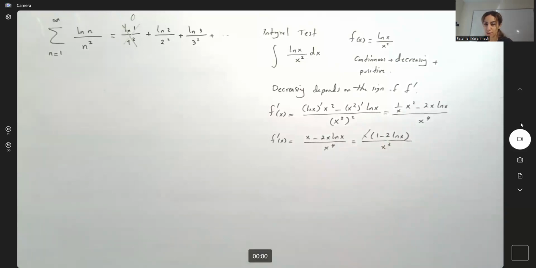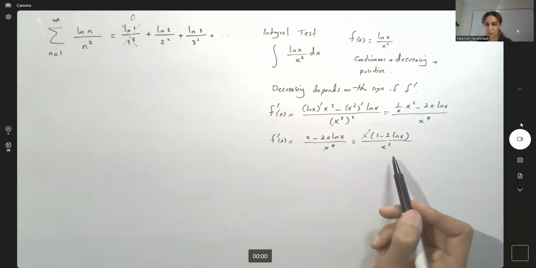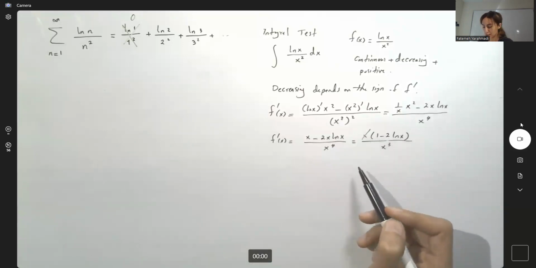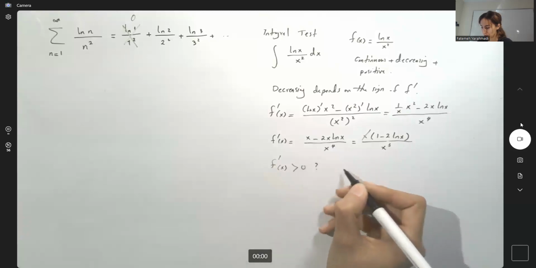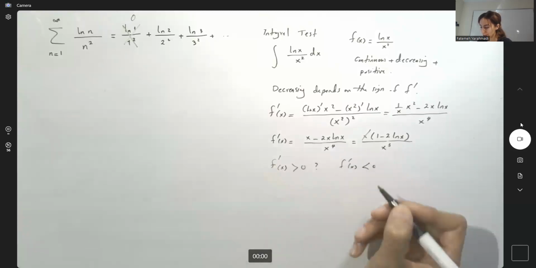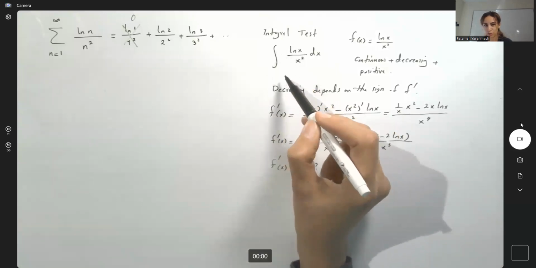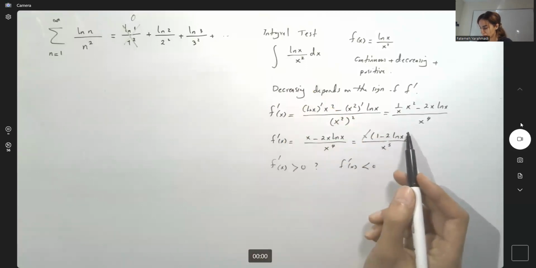And on which interval is this increasing, decreasing, all right? You want to know what's the sign of this derivative. F prime of x is positive, f prime of x is negative on which interval? So we can decide on the boundaries for this integral here. Well, take a look.